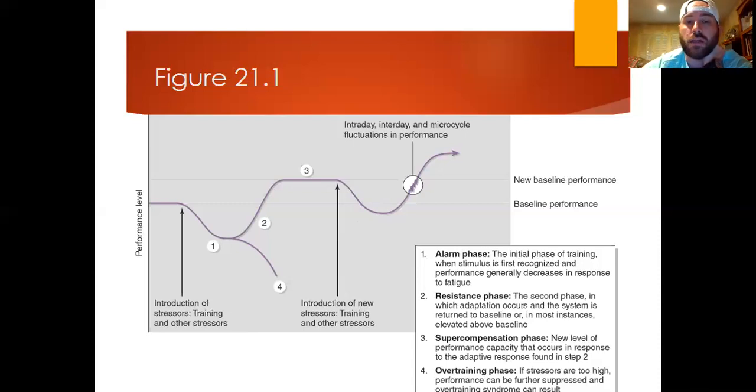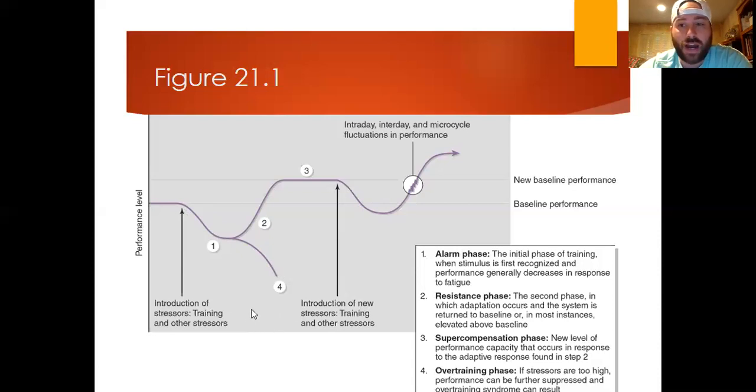That's what we want. But if we start to introduce stressors that are too exhausting, in other words, way too much for the person to handle, and the adaptation is not going to occur, we start to see this shift in this portion number 4. That's that overtraining.